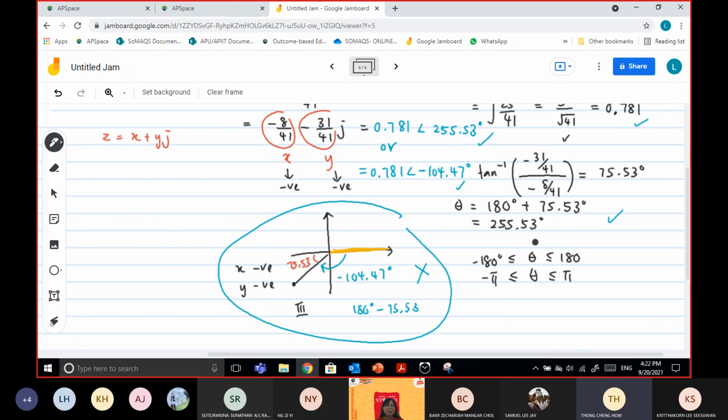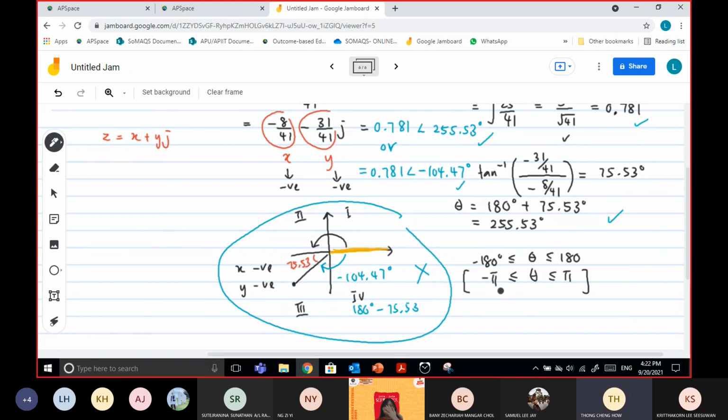Remember last time I said if we follow the principal value, when the angle is in the third and fourth quadrant, then we present it as a negative angle. If it's in the first and second quadrant, we present it as a positive angle. Positive angles means we measure like this.